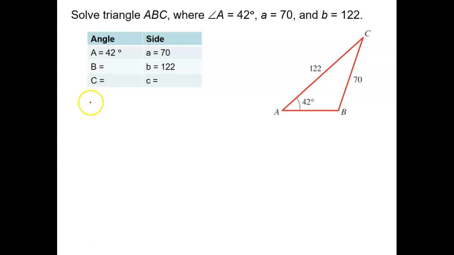we have both pieces of information provided for A, so we probably need to go ahead and find the angle B. So I'm going to set this up and do sine of A over side A equals the sine of B over side B. Okay, we'll cross multiply.